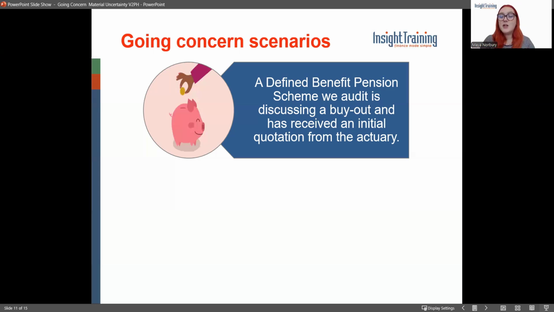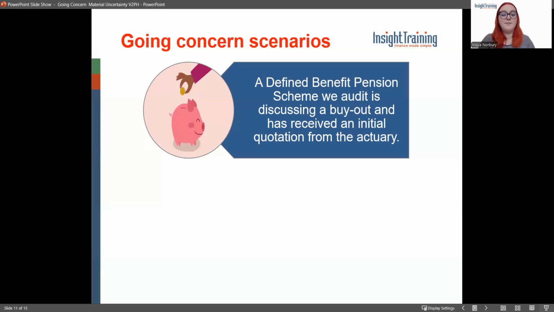We may include some reference within the trustees report that they're considering a buyout, and we may include a post-balance sheet event to say that there are talks, but they're not expected within the next 12 months. But that's the discretion of the auditor and the trustees.